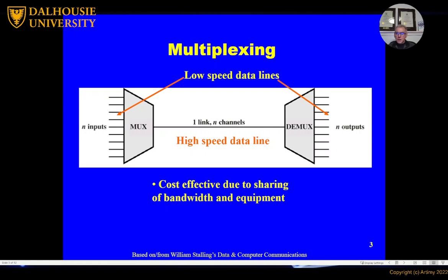And all the hardware that we have, switches, routers, hubs, whatever, are forms of multiplexers and demultiplexers. They are taking multiple inputs and passing traffic to a single output, or sometimes from multiple inputs to multiple outputs, right? So the principle exists in many forms.